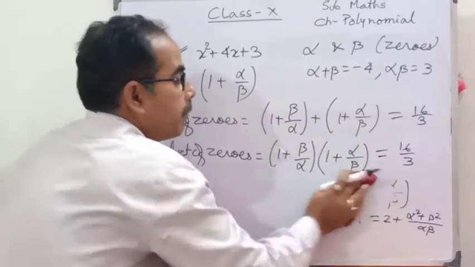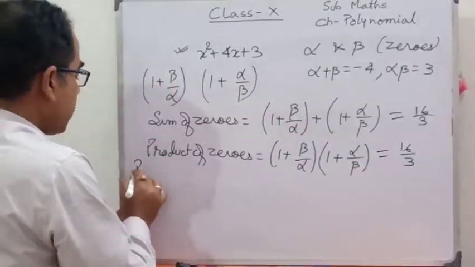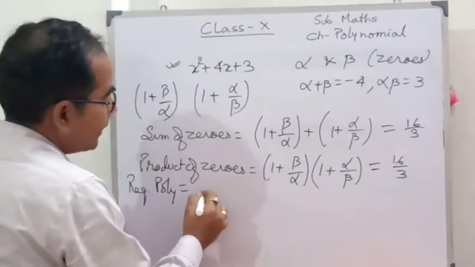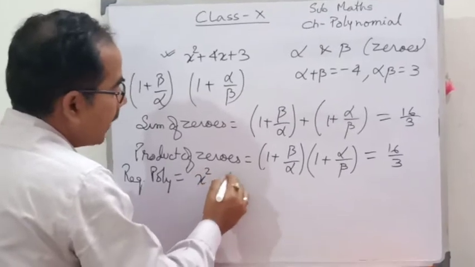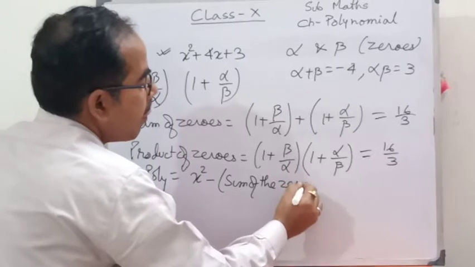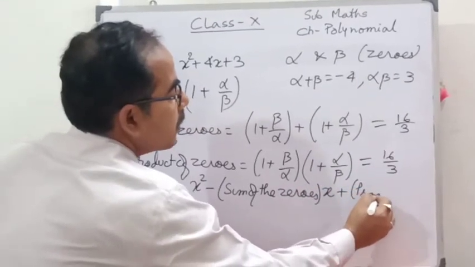Now you have to frame the polynomial. What we know, the required polynomial is x square minus sum of the zeros multiplied by x plus product of the zeros.